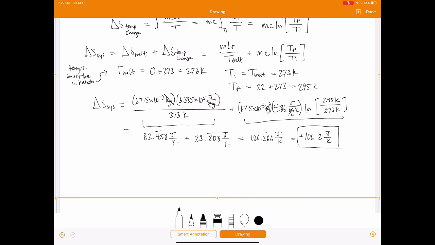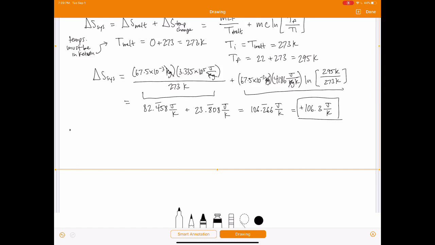the room. Now let's look at the entropy change of the environment. Which for our purposes we can just think of as the room. Okay, so delta S for the environment is going to be given by the same integral of dq over T, but we're applying this specifically to the room now, not the ice cube.